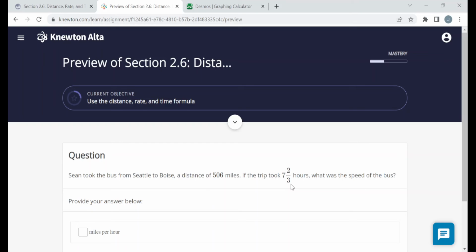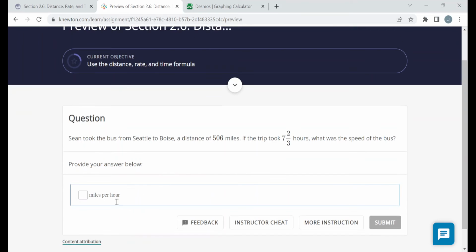I personally do not care for mixed numbers like this. What was the speed of the bus? What's the rate? And notice it's in miles per hour, the answer. So, the distance was in miles, the time was in hours. So the speed, the rate, should be in miles per hour.